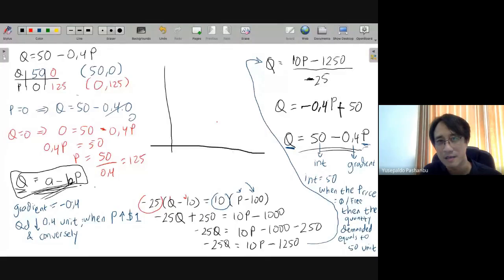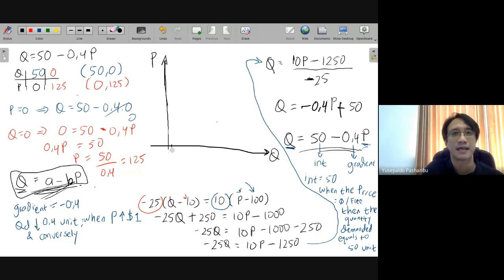So we can easily create or draw the graph. The x-axis is for quantity and the vertical line or y-axis is for p or price. Okay.